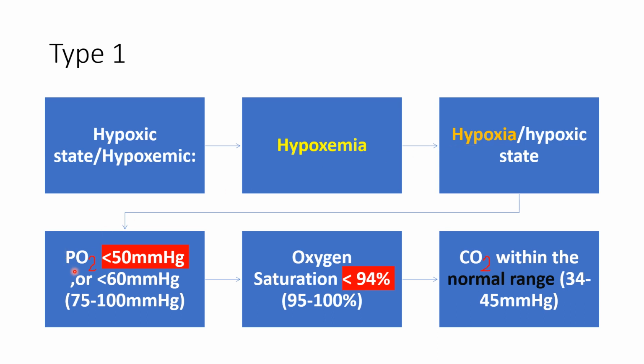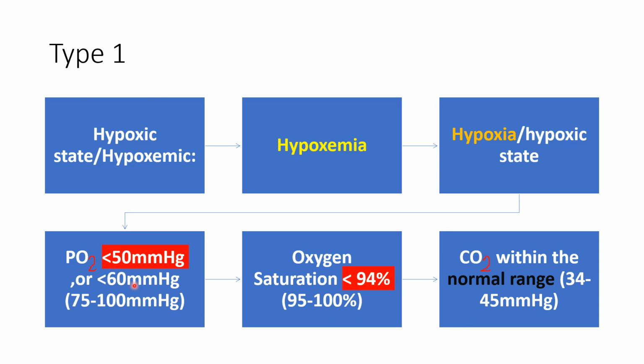Let's check the partial pressure of oxygen that would determine hypoxemia. Anything lower than 50 millimeters of mercury, or many authorities will even put it as partial pressure of oxygen lower than 60 millimeters of mercury, is enough to say there is hypoxemia here.